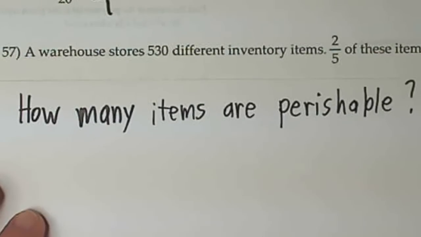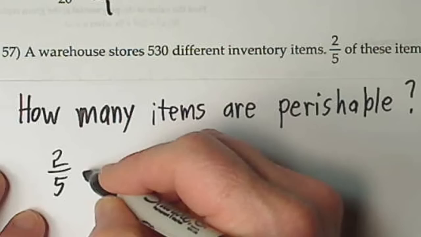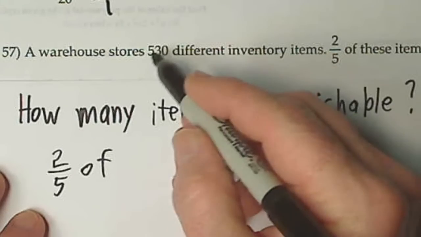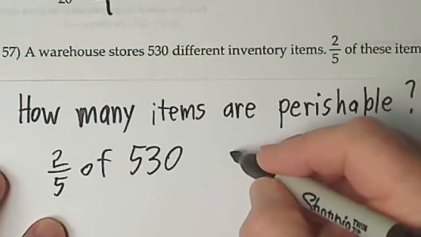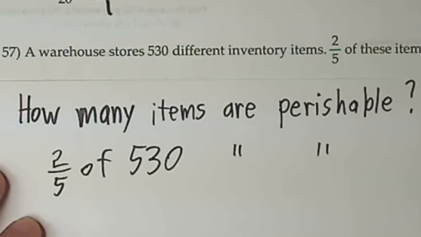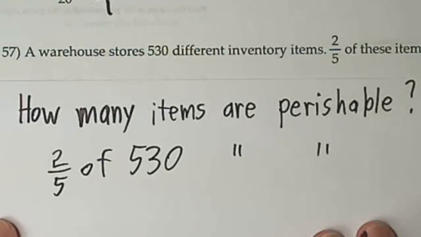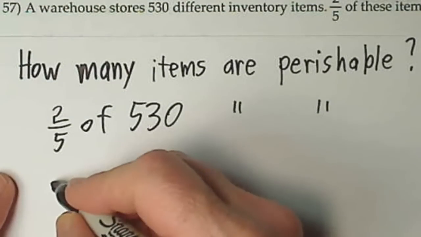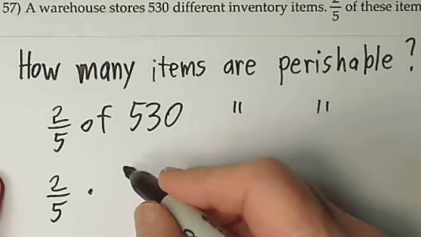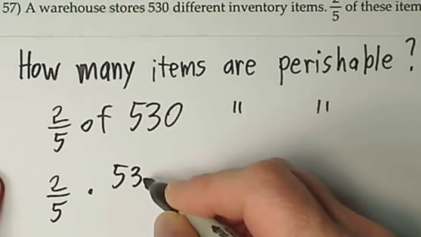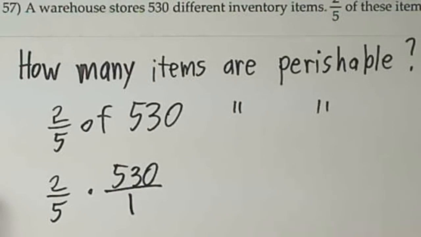Well, I happen to know that 2/5 of 530 are perishable. So to find this result, I'm going to multiply 2/5 times 530. Wish it was a fraction. Now it's a fraction. Okay?